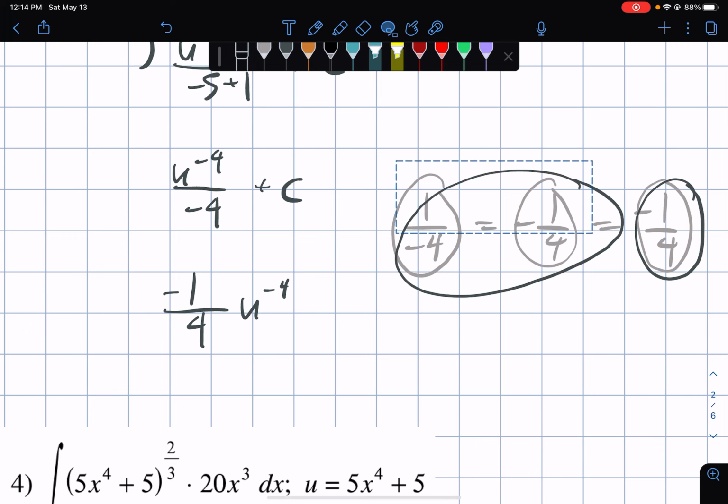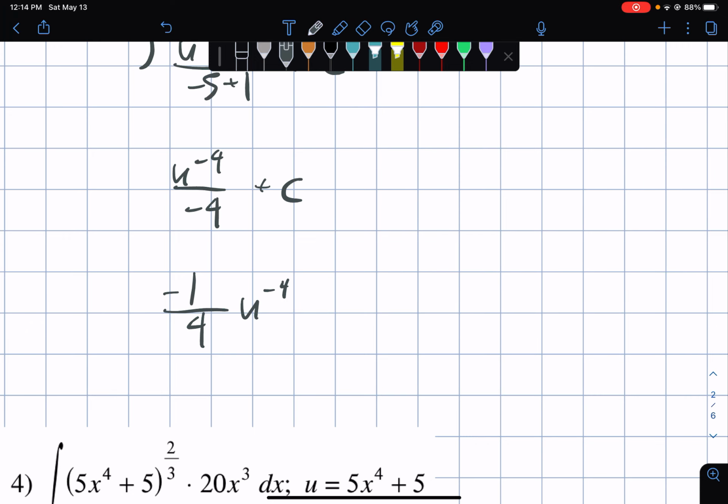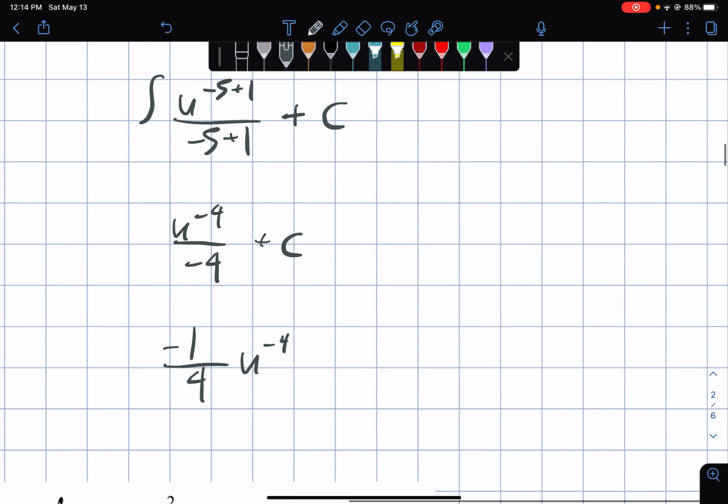Everything is still the same, it's still correct in the final answer, but it's just preferred in a subjective sense that the negative should be at the numerator of a fraction. This is still equal, if you express this as this one, they're the same, and then plus c.